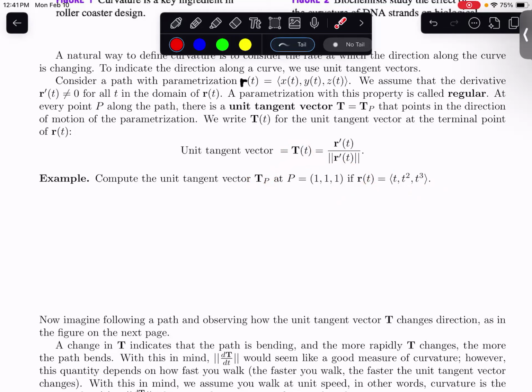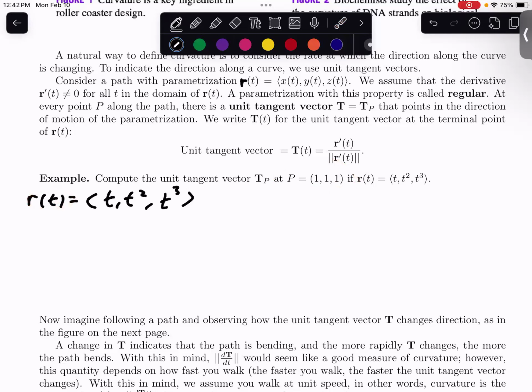Yeah, so all you would have to do is, we're given r(t) equal to (t, t squared, t cubed). And in particular, we're interested in the point P equal to (1, 1, 1) on our curve.